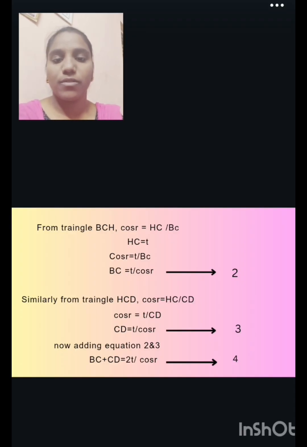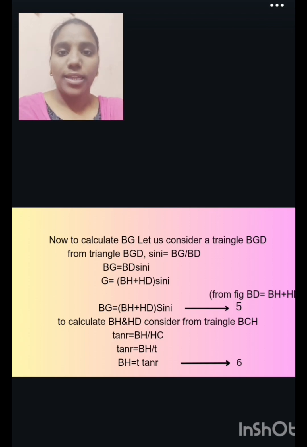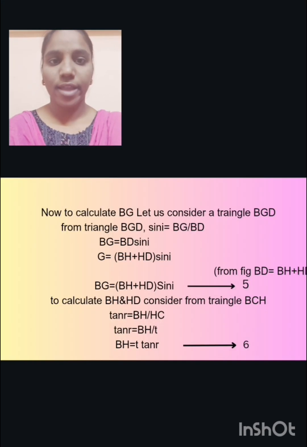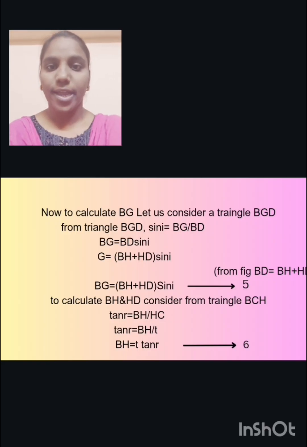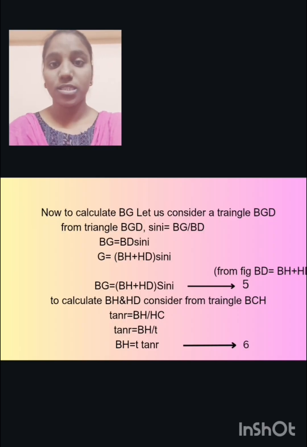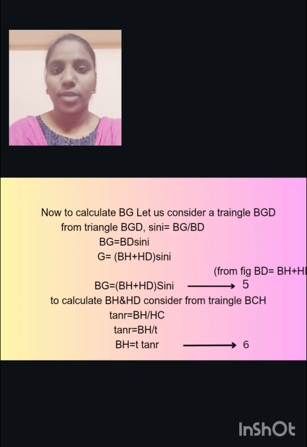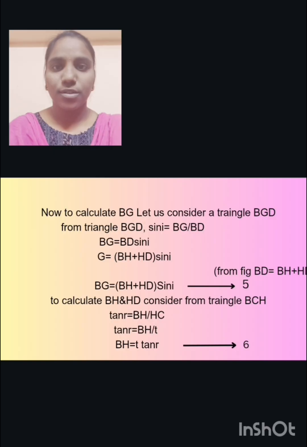Now to calculate BG, let us consider triangle BGD. From triangle BGD, sin i is equal to BG by BD. BG is equal to BD sin i. BG is equal to BH plus HD into sin i. That is equation 5. To calculate BH and HD, consider triangle BCH: tan r is equal to BH by HC.